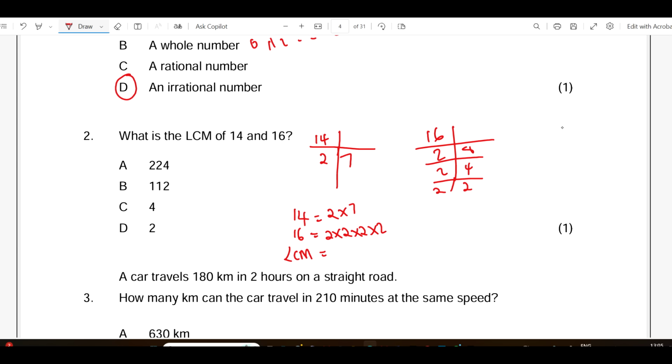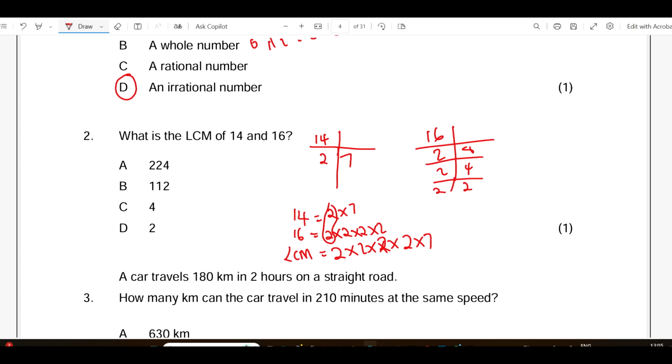I will take one 2 out and write it here. It's 2, and then there are 3 more 2's. We know that when we look for LCM, the rest we must multiply: 2 times 2 times 2 times 2 times 7.